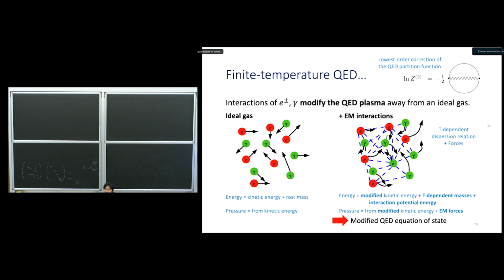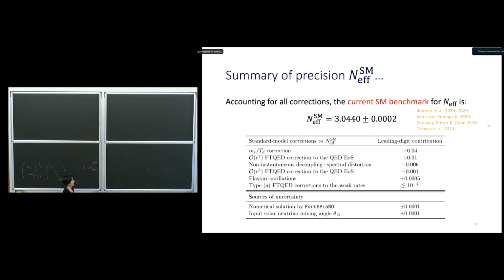The sunset diagram is the first correction to the QED equation of state. The leading order effect is of course just the ideal gas, and that's the first correction that you have to the partition function. Okay, that's all I want to say about that.